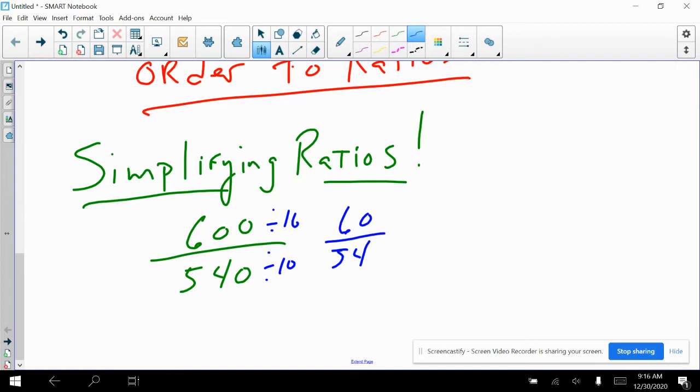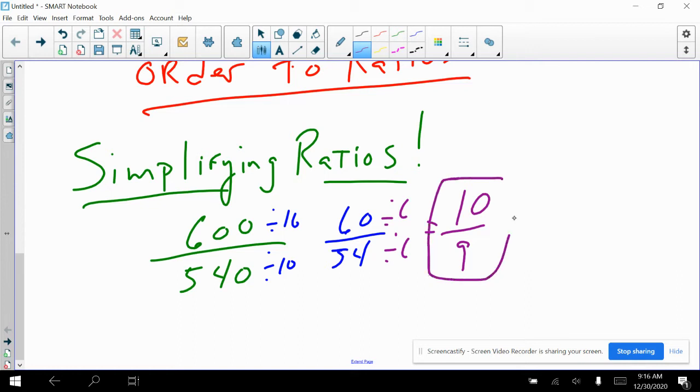So again, hopefully we know our facts. So we can recognize that we can divide by 6 again. And we're going to get 10 over 9. Okay, and at that point, that's all the farther you can go. It's no different than if we were reducing a fraction to simplest form.